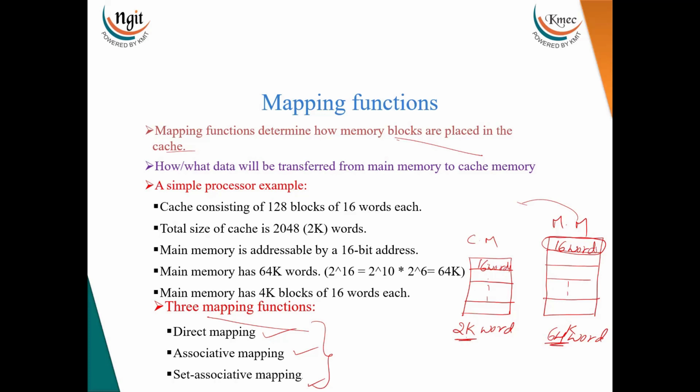Now tell me, if the block size is 16 words and the total memory size is 64 kilo, how many blocks are available in this main memory? The number of blocks in main memory is equal to the total memory size divided by the number of words per block, 16 words.